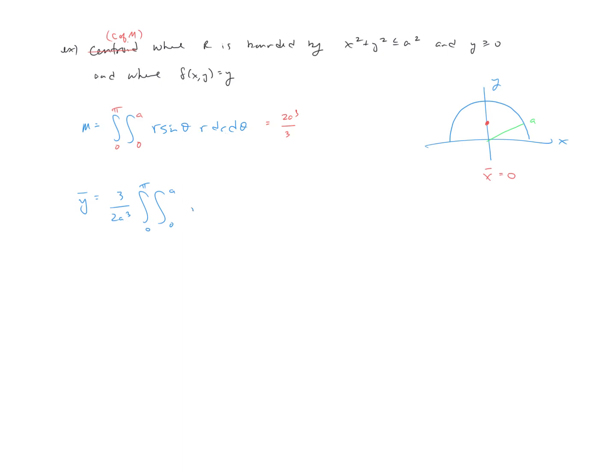So we're going to have an r sine theta for the y, an r sine theta for the density function, and then times an r dr d theta. And this one comes out to be 3 pi a over 16, which means that our x bar y bar would now be 0 comma 3 pi a over 16 for the final answer.